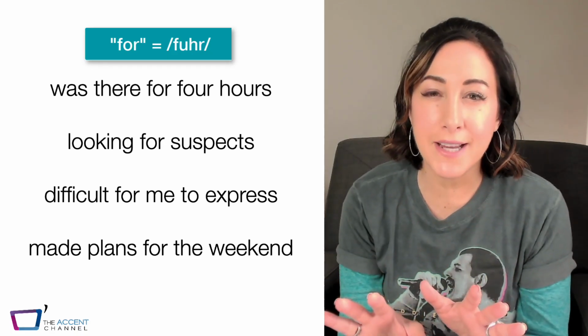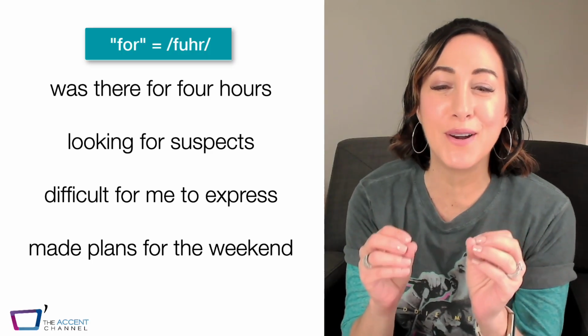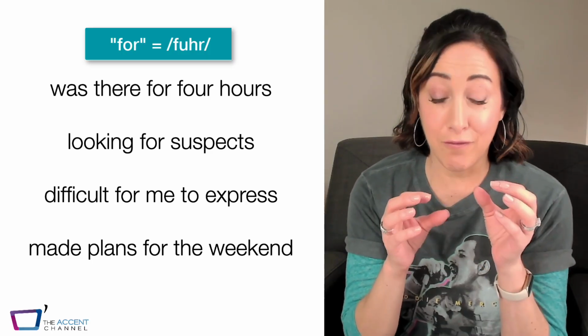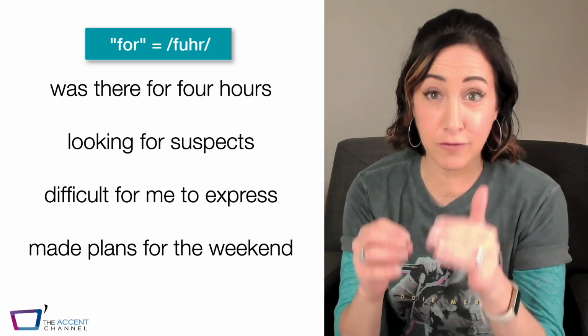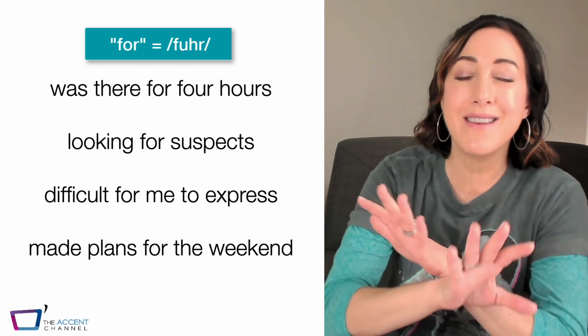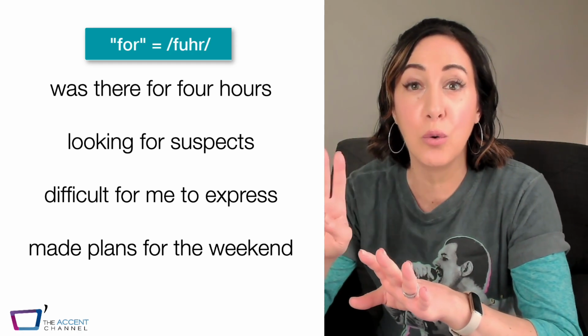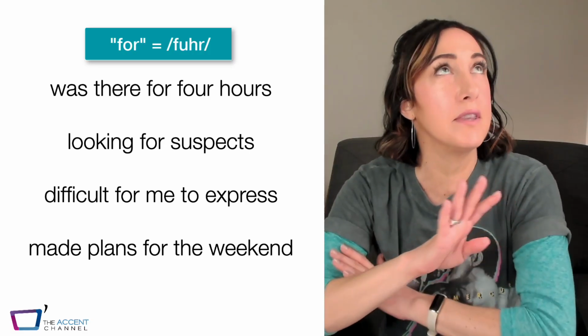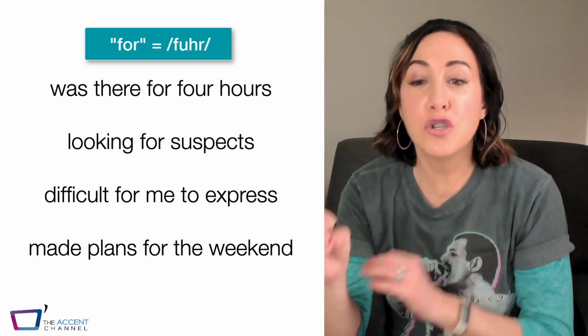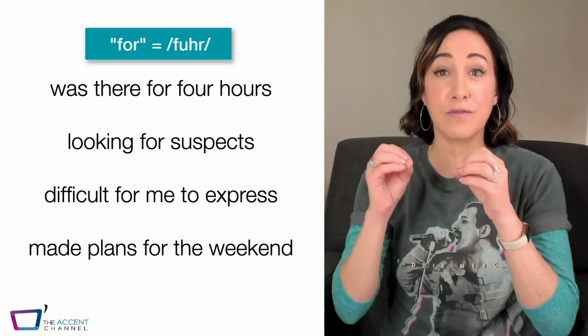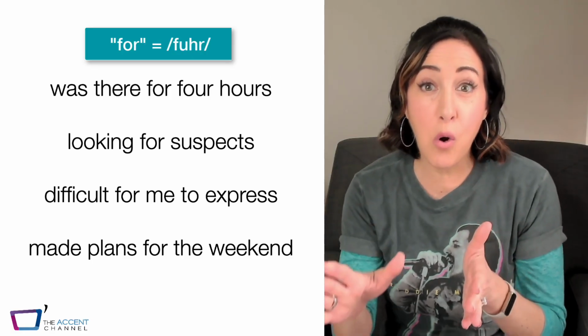All right, I wasn't going to interrupt this practice, but I want you to notice the difference between reducing FOR to fur. We would never reduce the number 4. FOUR for. You will never say fur. So feel the difference in this phrase. For 4. For 4.